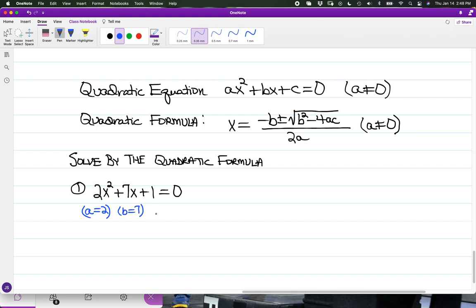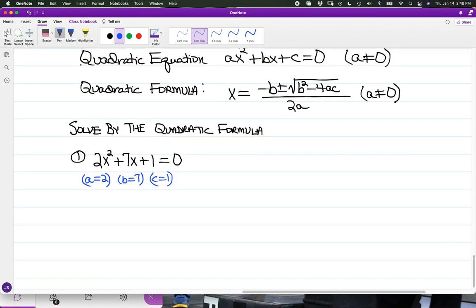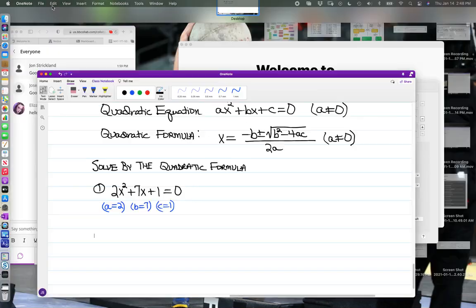And plus c, so c is equal to 1. You can use the quadratic formula regardless of whether the trinomial is factorable or not. So we start out with substitution of the numbers representing a, b, and c.